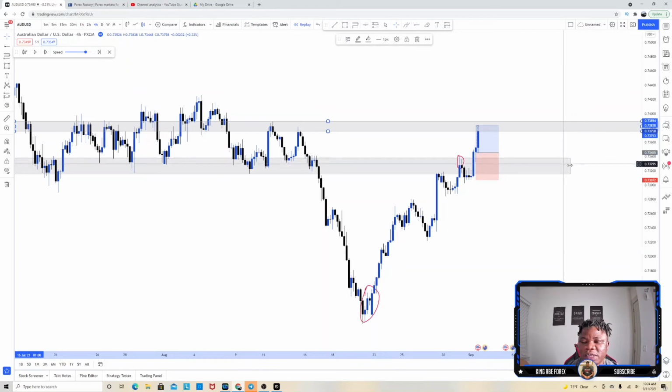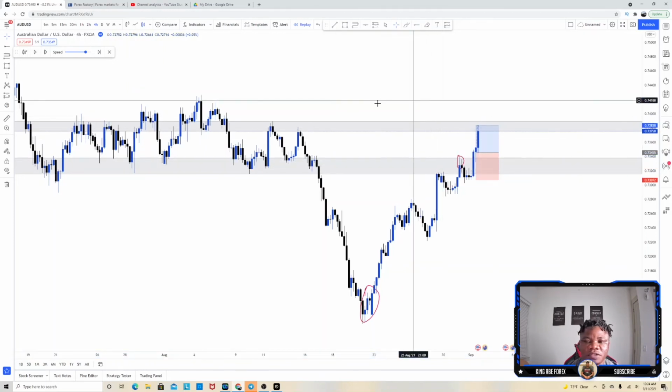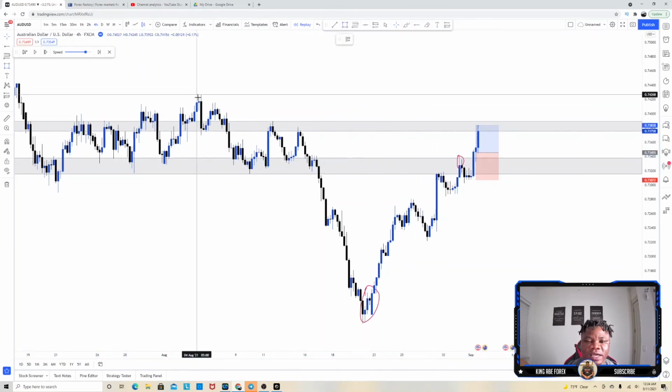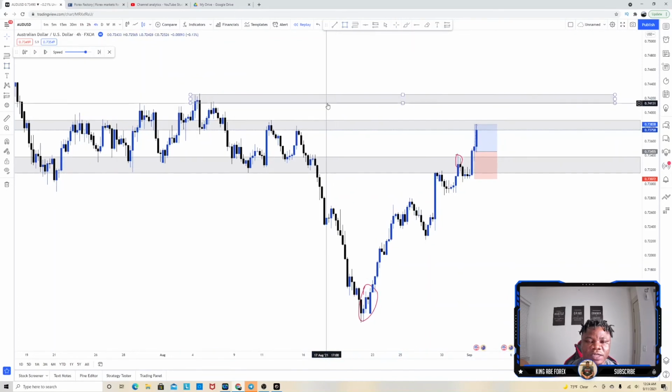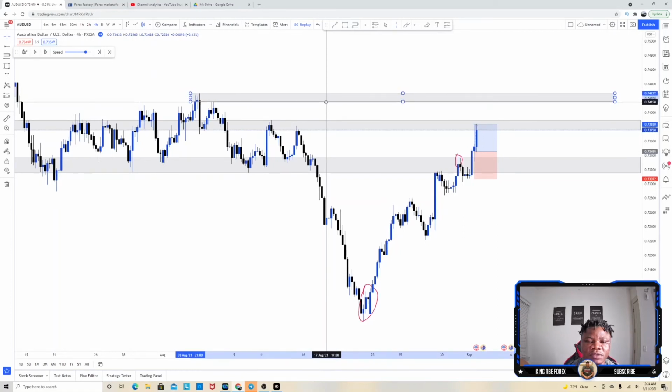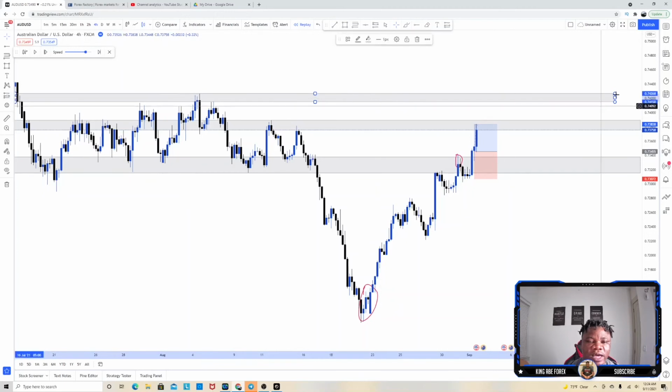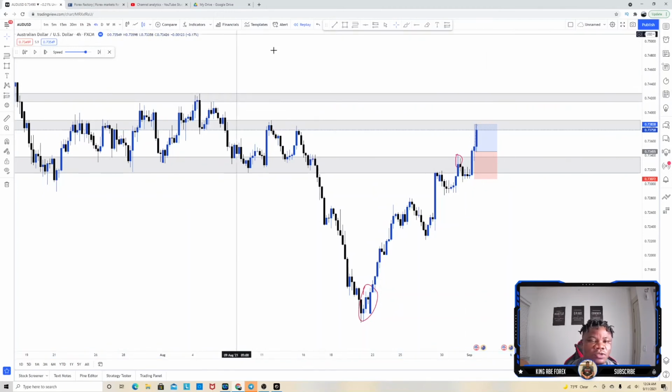I can have another zone right here, because we have a rejection there too, if I'm trying to have multiple take profits. So we're just going to use these two take profits right here.